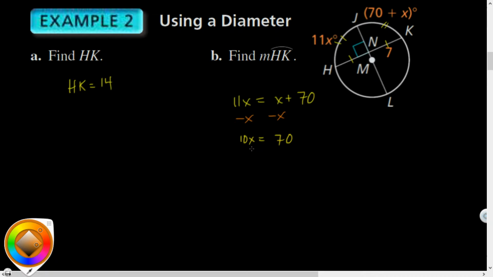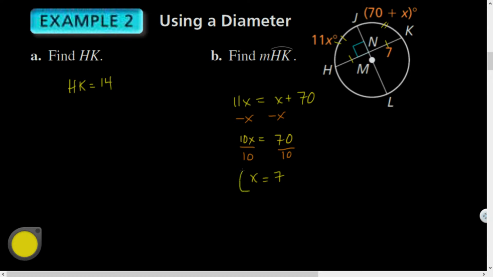Divide both sides by 10, because you guys are algebraticians, not just geometricians. X is equal to 7. However, they wanted the measure of arc HK. How do I find that?